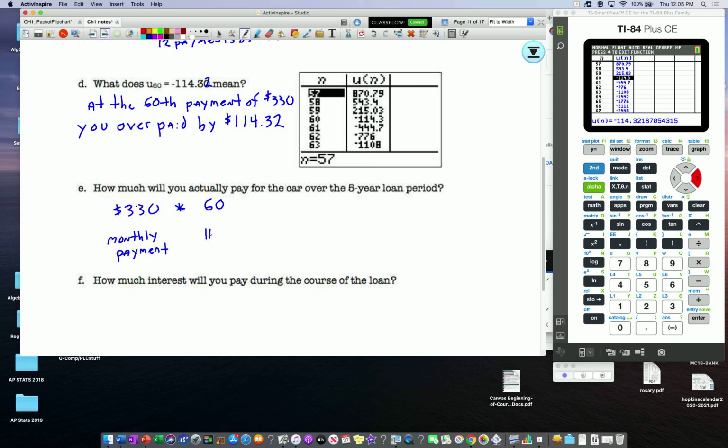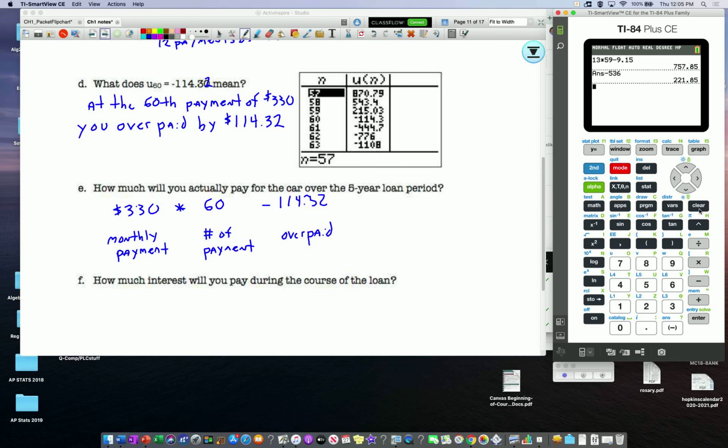This was the number of payments. So you had to make a total of 60 payments. However, we overpaid by $114.30. So I'm going to exit out of here and let's calculate this out.